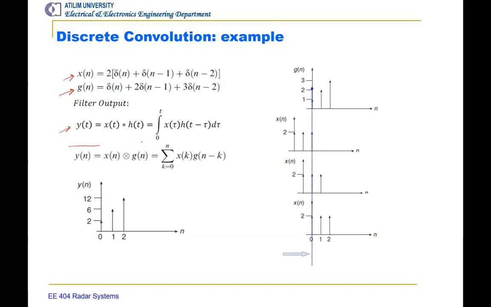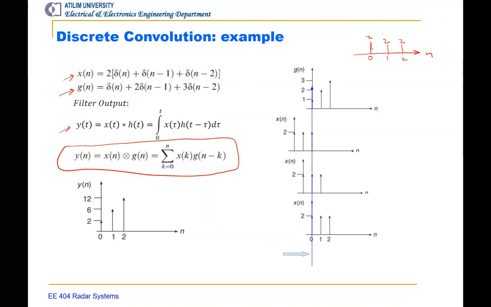So we just implement this one, as this is discrete. We simply take x of n. Here x of n is, for 0 it's 2, and for 1 it's 2 again, and for 2 it's 2 again.